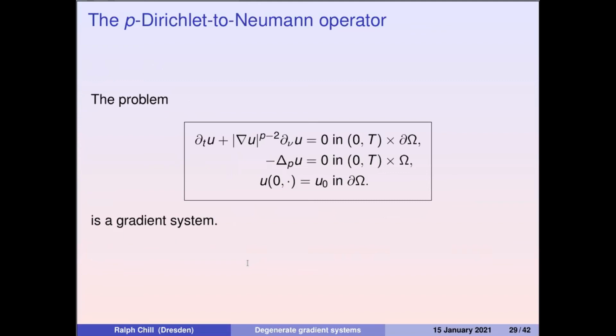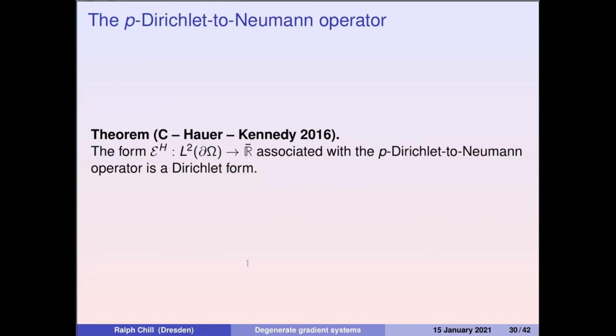So this is a gradient system, and it's well posed. And actually, one can show more for this energy. The form here is actually a Dirichlet form.